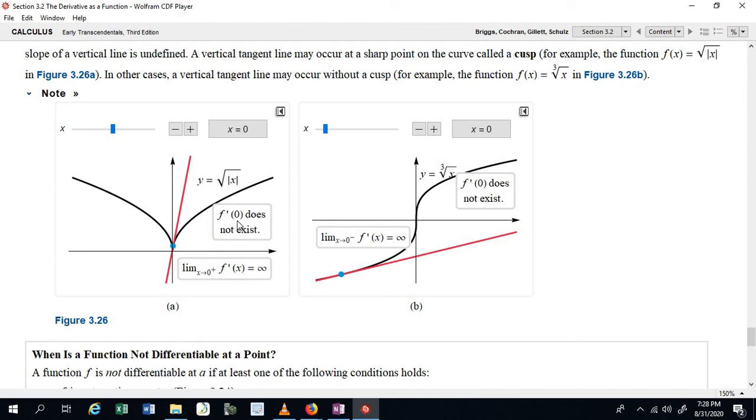Okay, so f prime at 0 does not exist because that's supposed to equal the slope of the tangent line at 0. Okay, but the slope of the tangent line is undefined at 0 because it's a vertical tangent line. That also happens here as you approach 0. Notice that the tangent line begins to approach a vertical line as you approach 0 from both sides.